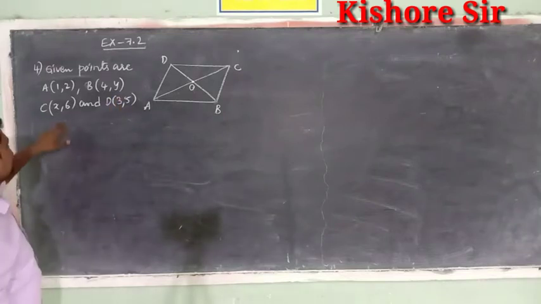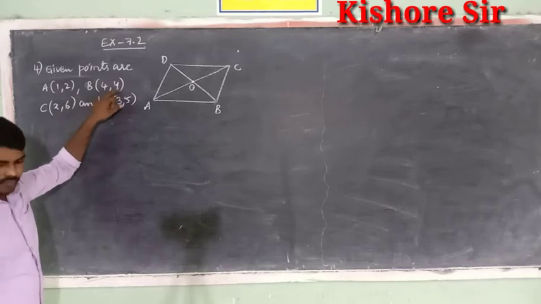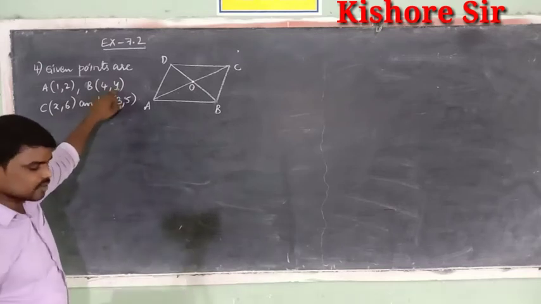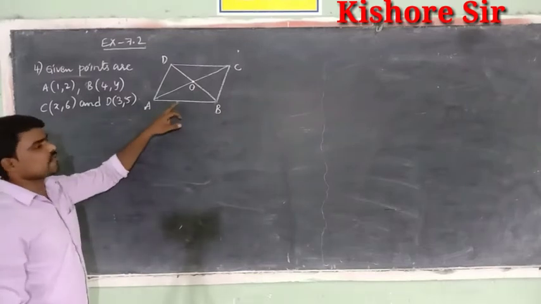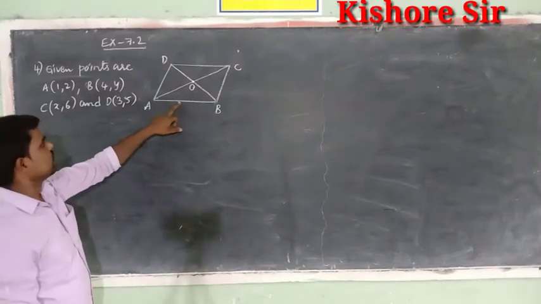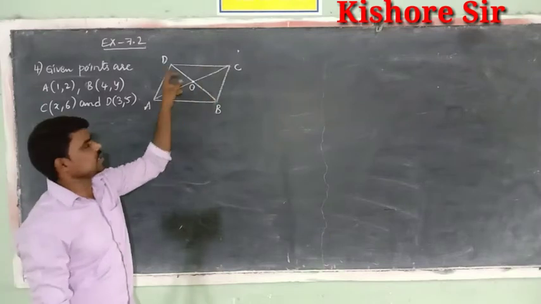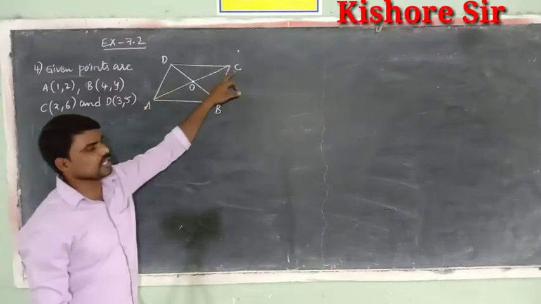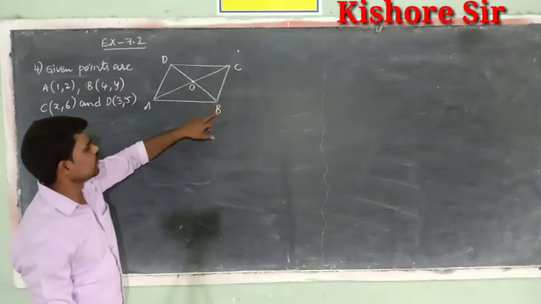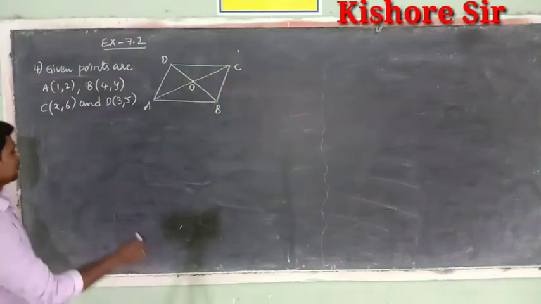We have to find x and y values. What is the given information? These 4 points are the vertices of a parallelogram, so ABCD is a parallelogram. In a parallelogram, the midpoint of AC is equal to the midpoint of BD.